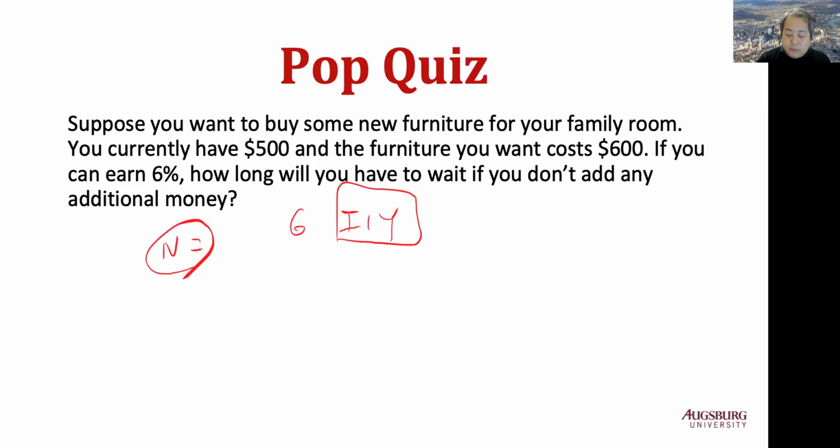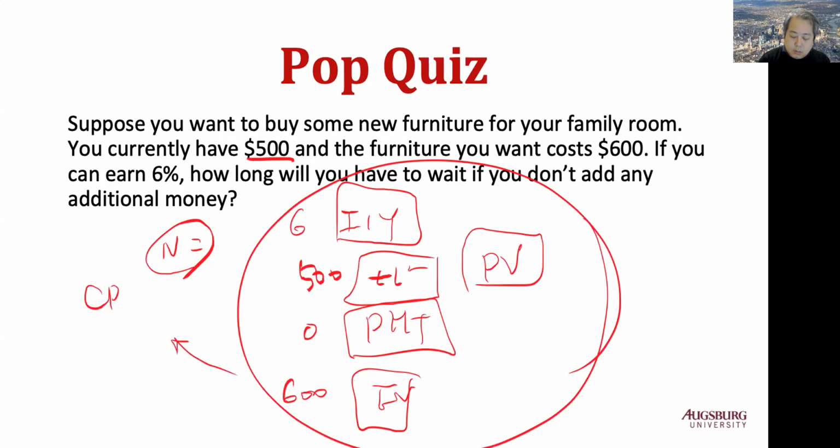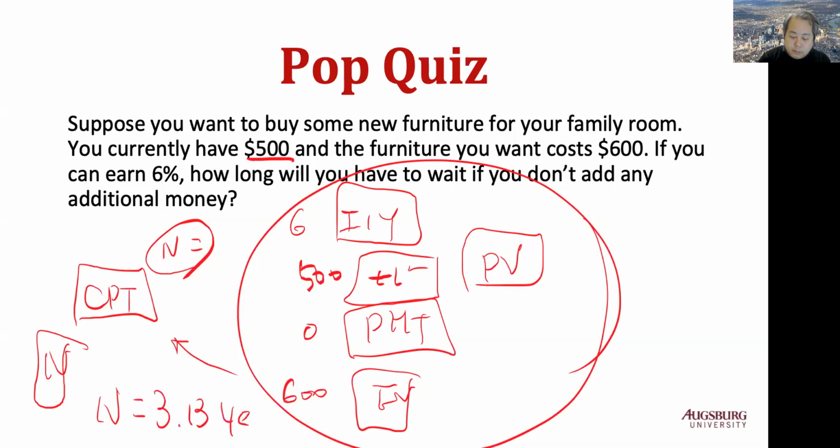The present value $500 should be negative, right? Because you have to invest. PMT 0. And then future value 600. And compute N. Then N will be 3.13 years. So you need to wait 3.13 years to get the money you need.